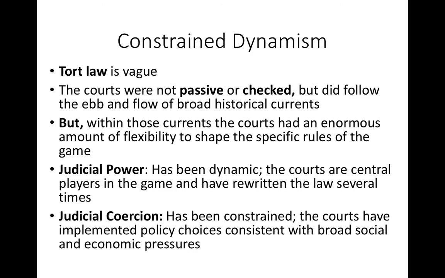And the argument could be that the courts were constrained in terms of coercing the other branches to follow their lead, and that the courts have implemented policy choices that have been consistent with broad economic pressures at the time. So during the industrial era, the courts implemented policy choices that protected big business. And during the era of total justice, the courts have implemented decisions that have been consistent with this idea that most Americans seem to hold, that they should be compensated when something bad happens.